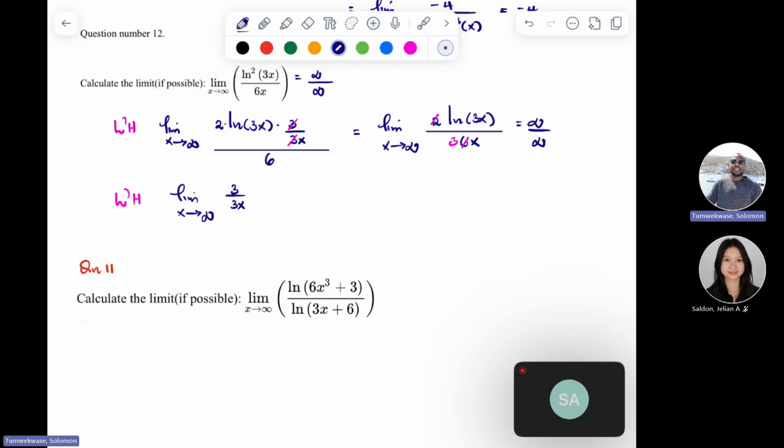Okay, that is the derivative of the numerator, then over the derivative of 3x, which is just 3. So this can go, and if I write this nicely, this will be limit as x approaches infinity of 1 over 3x, and 1 over infinity, that is just a 0.